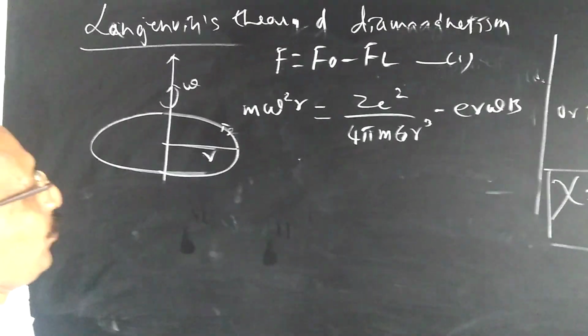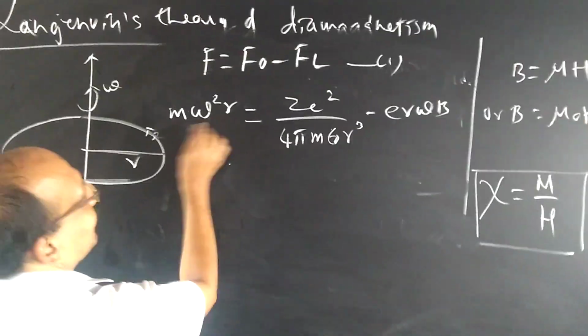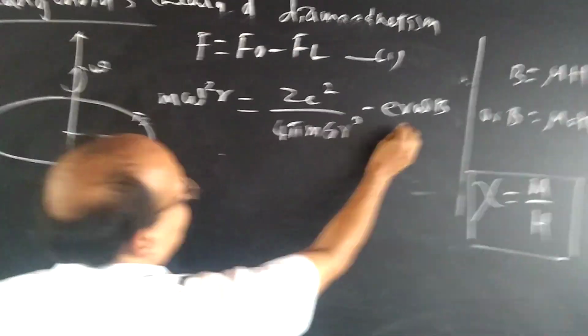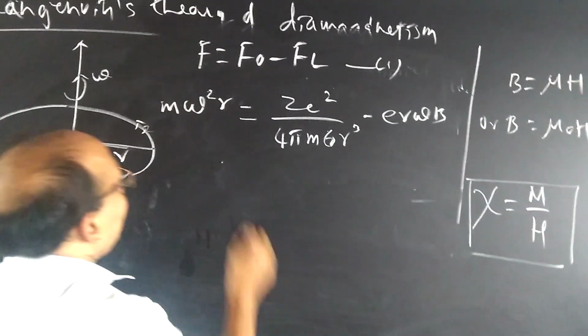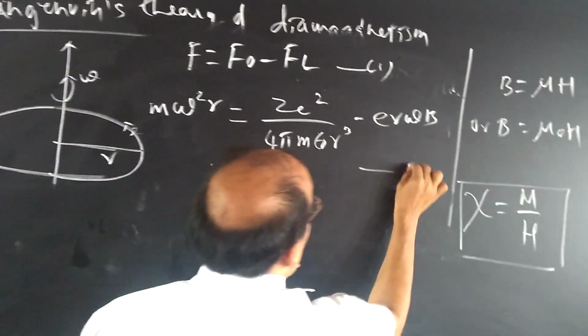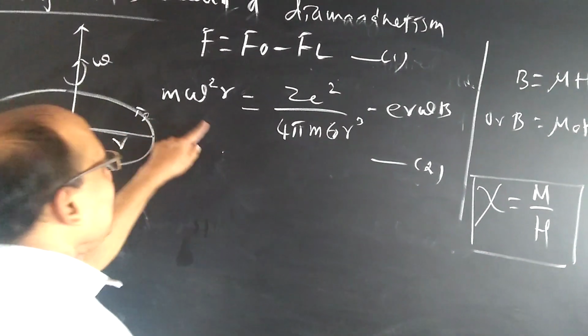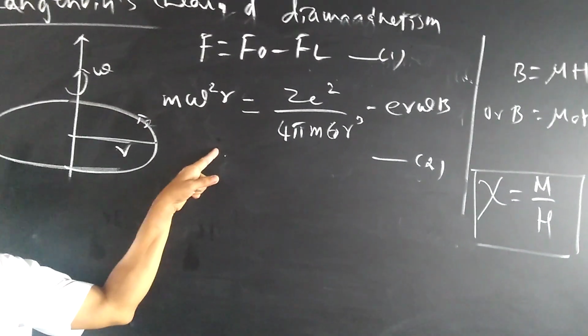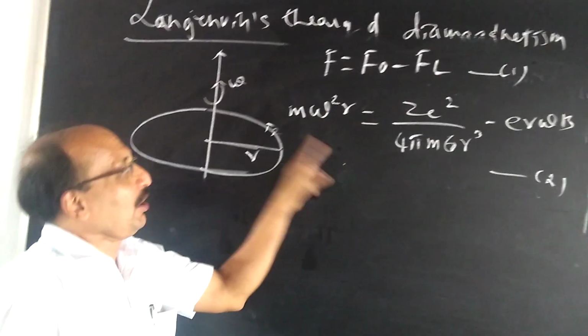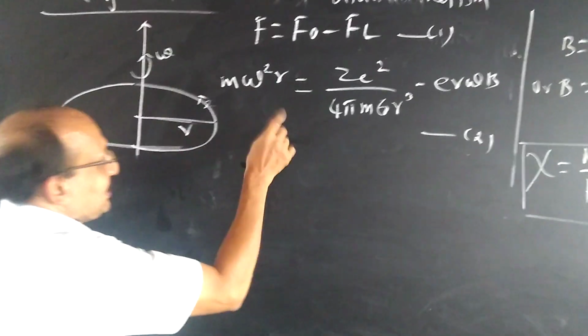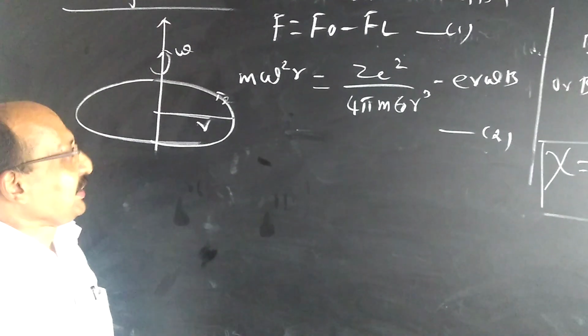Okay, e r omega B. So by taking all these quantities, let us have this as equation 2. You have to solve this equation 2 to get the value of the frequency. Also the change in the value of the frequency can be estimated.